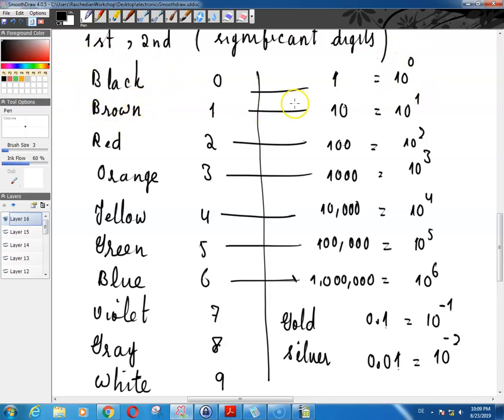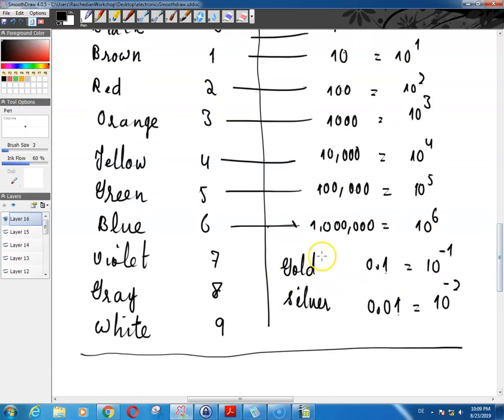If you have brown in the multiplier band, you multiply by 10 raised to the power 1, all the way up to here. And if you have gold, you multiply by 10 raised to the power negative 1. Or if you have silver, you multiply by 10 raised to the power negative 2.